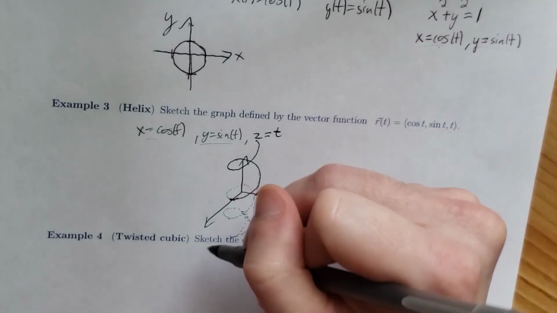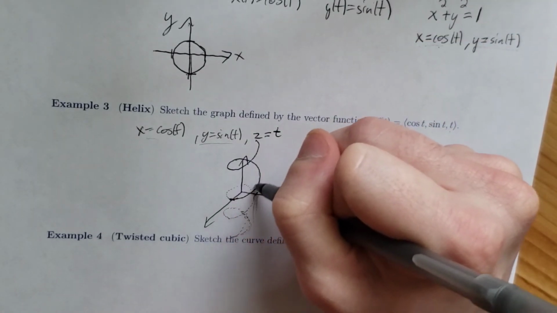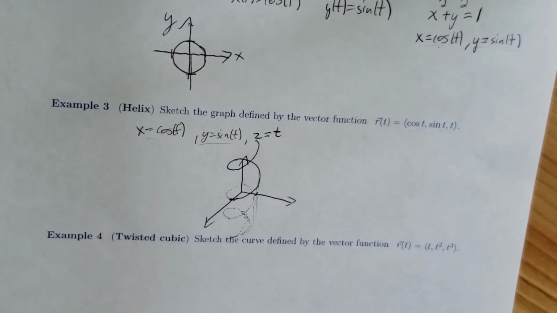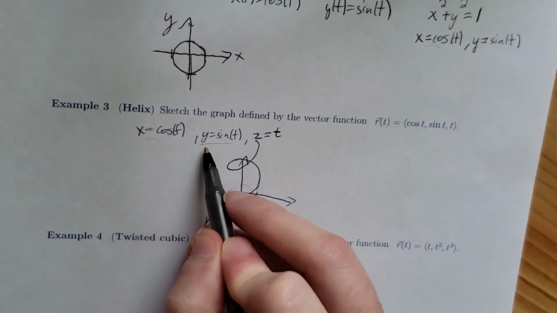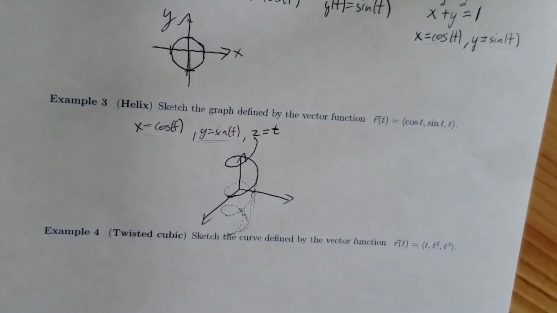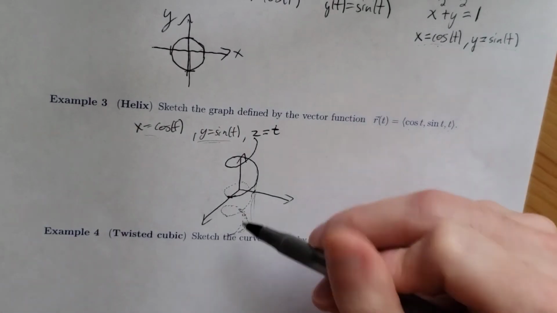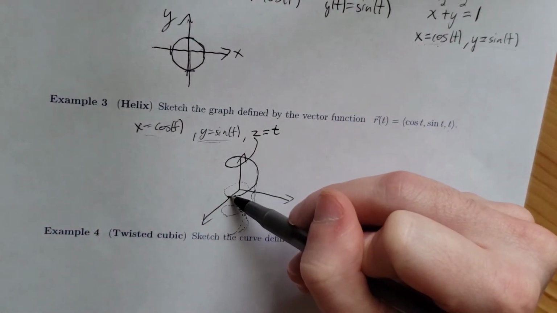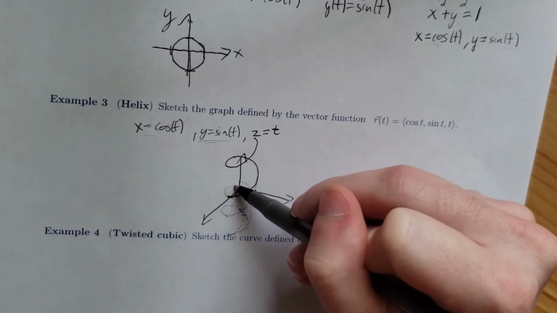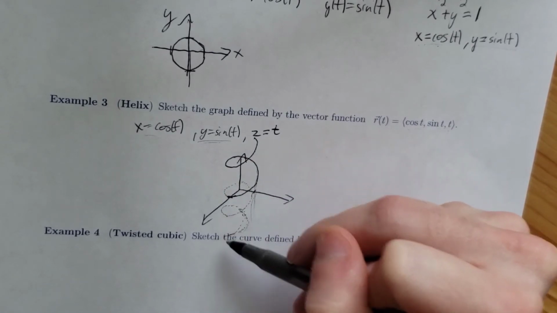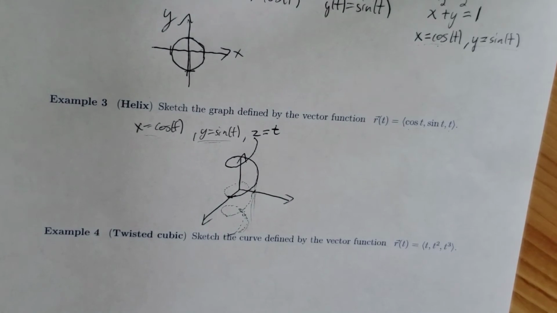Okay, so actually what we get is a curved helix here that keeps centered around that z-axis. Again, if we looked directly down, we would see this circle of radius 1, but this curve is actually increasing as t becomes positive and, of course, decreasing as t goes negative. And again, that gives us this helix shape.